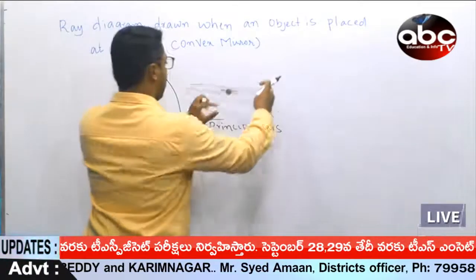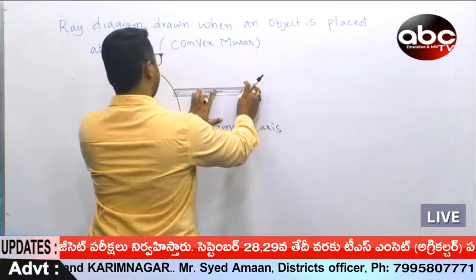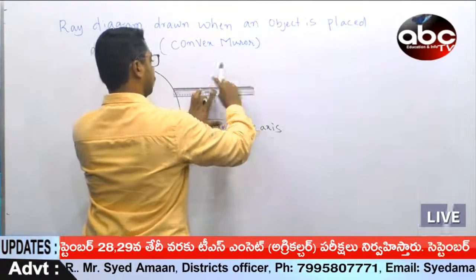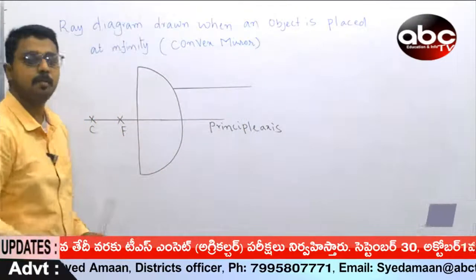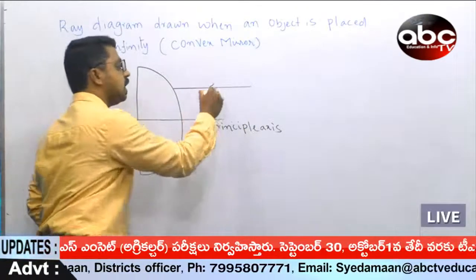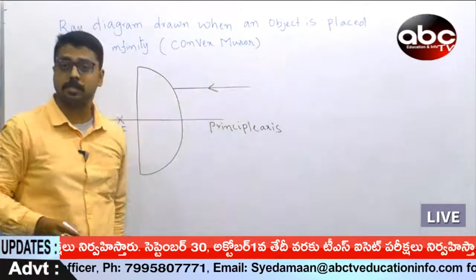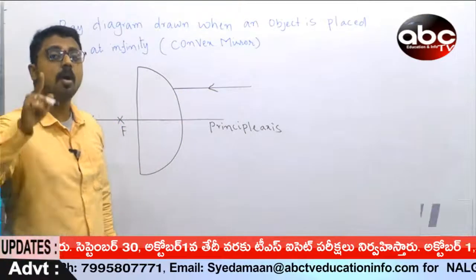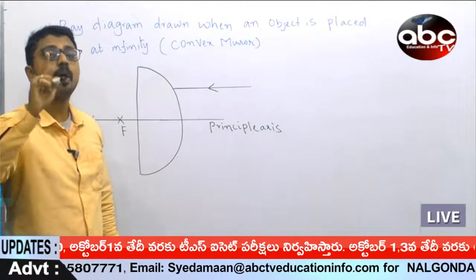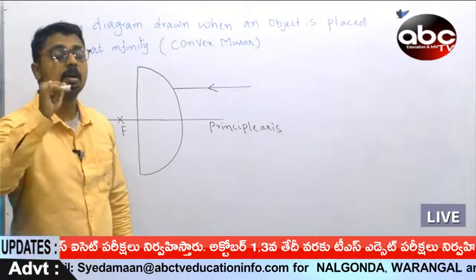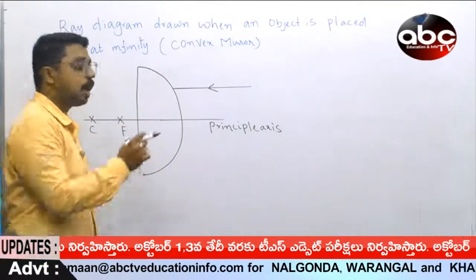Where is the object? We do not know the distance. So we are able to frame a ray, and of course this is an incident light ray coming from an infinite distance. And according to the rules of a convex mirror, what are we going to take?